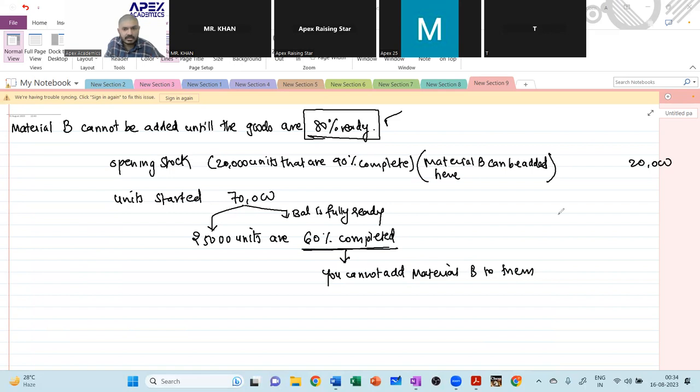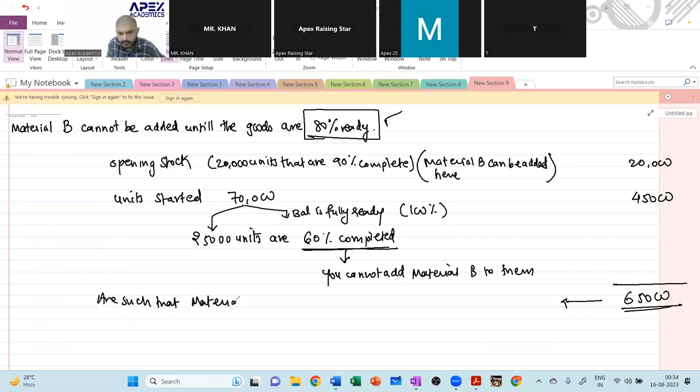What is the balance? Means they are 100%. So 65,000 units are such that material B can be added.